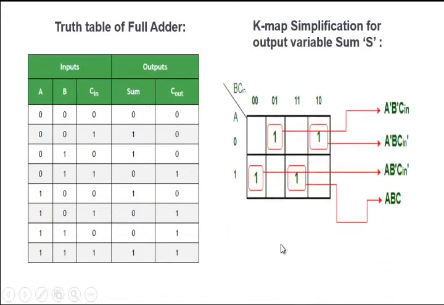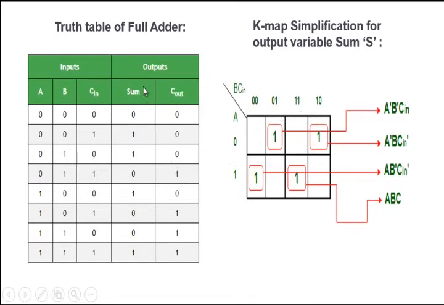We see here A and B C in, this is an input combination. Whenever the output is 1, we take the 0 and 0 1 combination. Here is a 1. Next is here 1, so 0 and 1 0 combination. Then after that, here is a 1, which is the carry out.